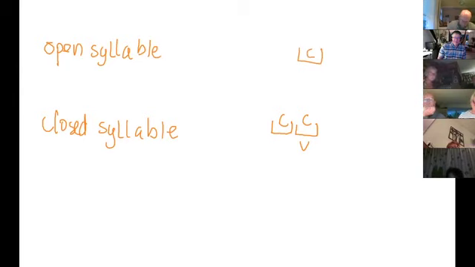A closed syllable is a consonant, a vowel, and a consonant. An open syllable is a consonant and a vowel.